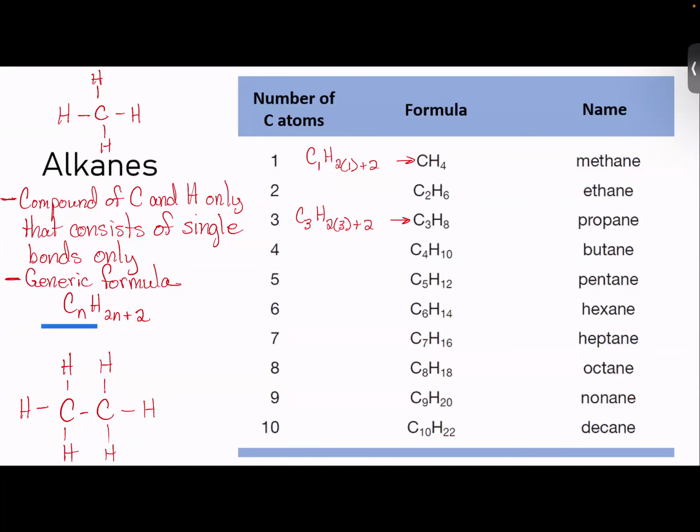Methane gas is a byproduct of cows farting. Propane is the gas used to heat homes. Butane is the gas that's used in lighter fluid.